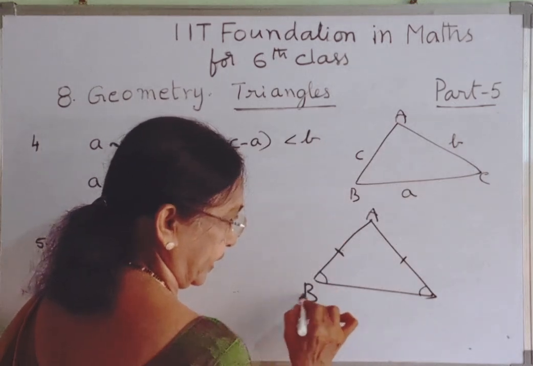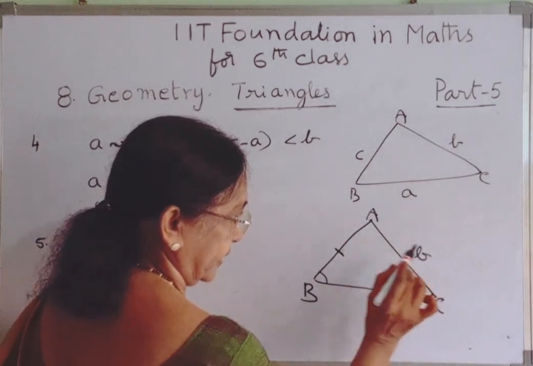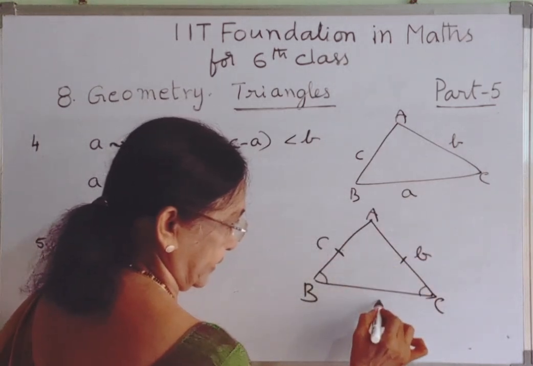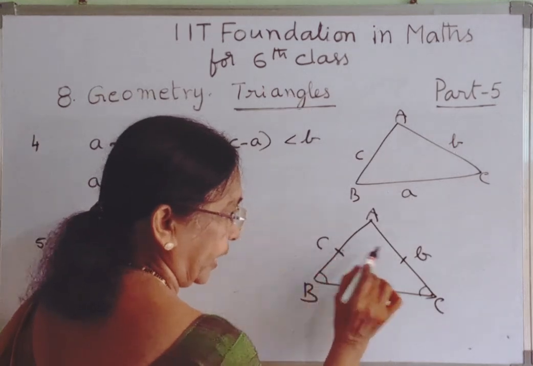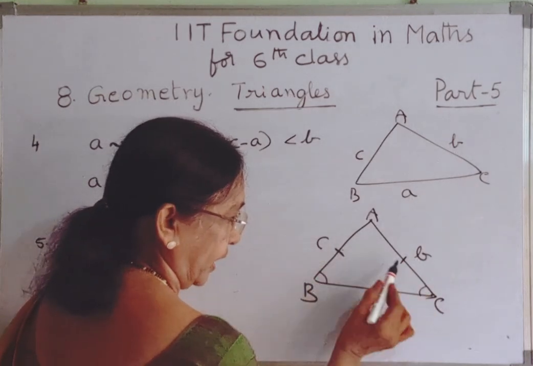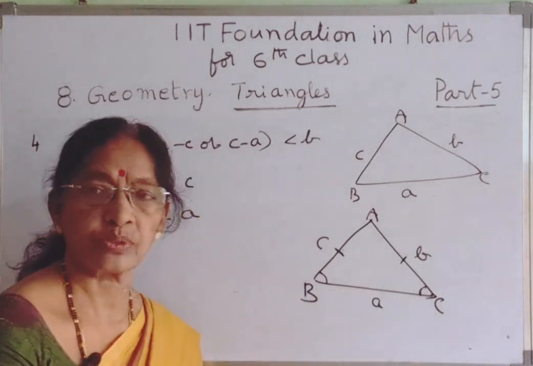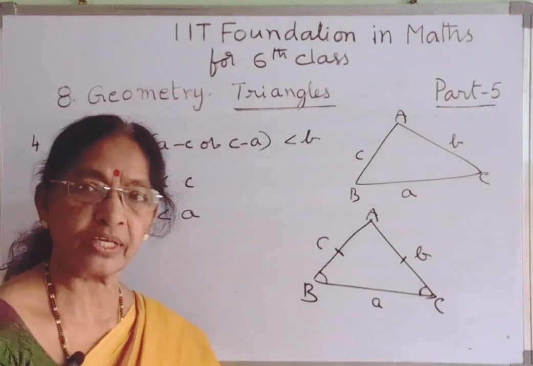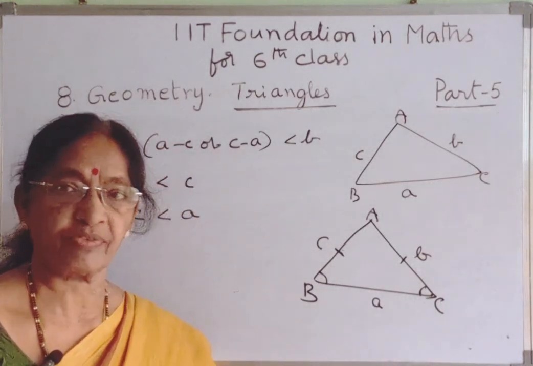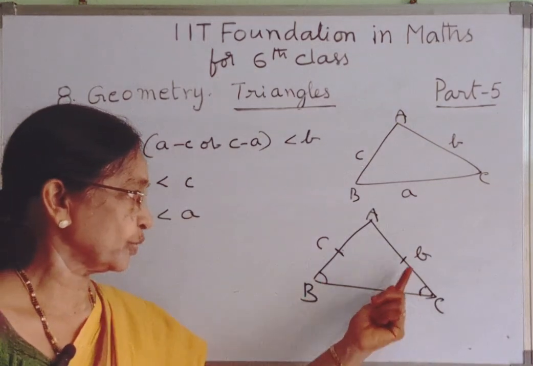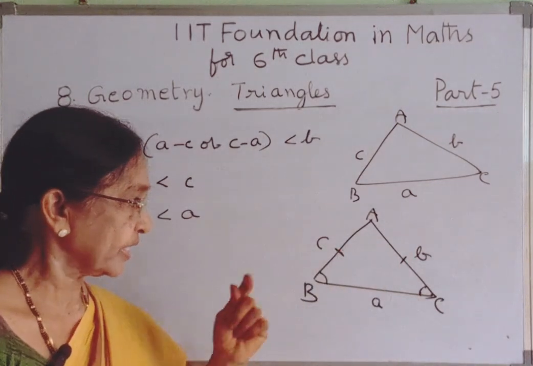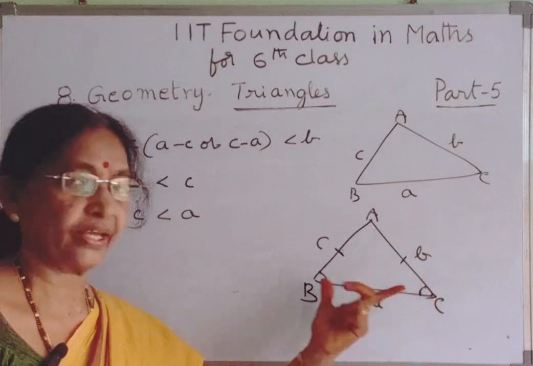Suppose this is a triangle ABC, and this side is b, this side is c and this side is a. As b and c are equal, the angles B and C are equal. So the angles opposite to equal sides are equal and vice versa. Angles opposite to equal sides are equal and sides opposite to equal angles are equal.